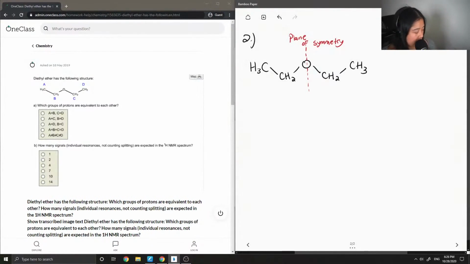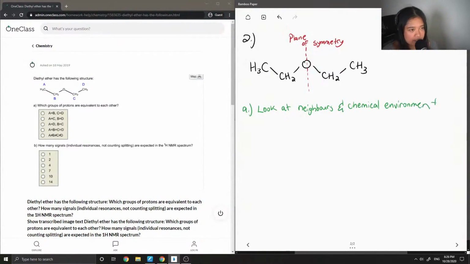Okay, so when we want to find out which groups of protons are equivalent to each other, we want to first look at the neighbors and also the chemical environment of each proton.